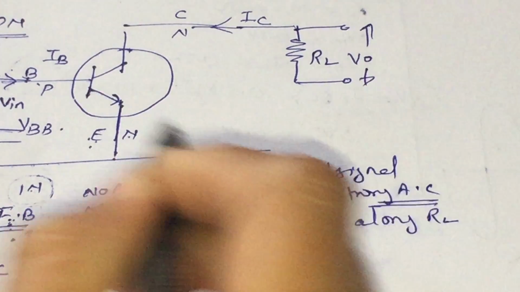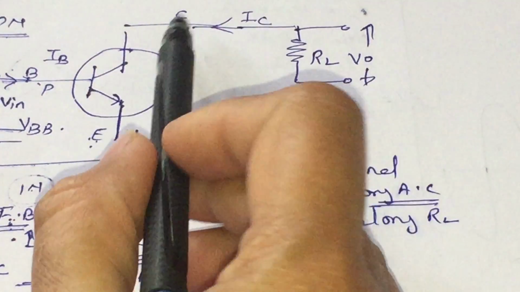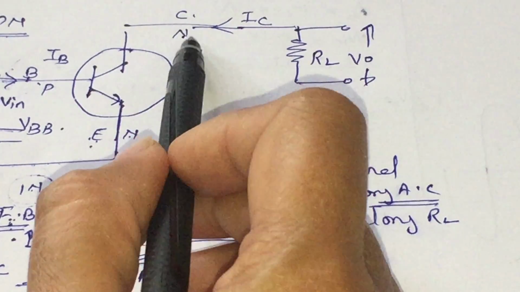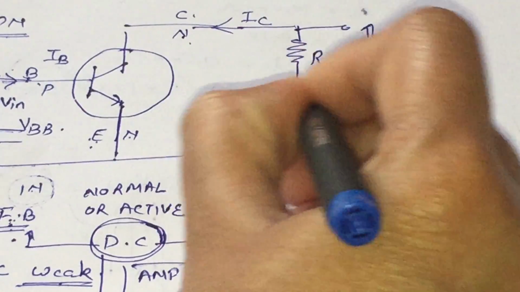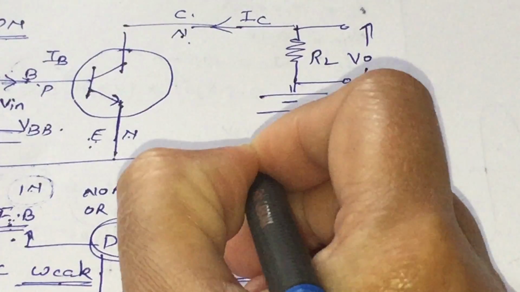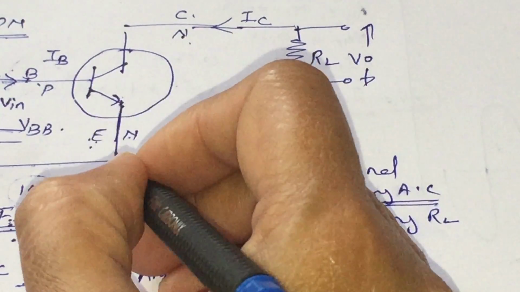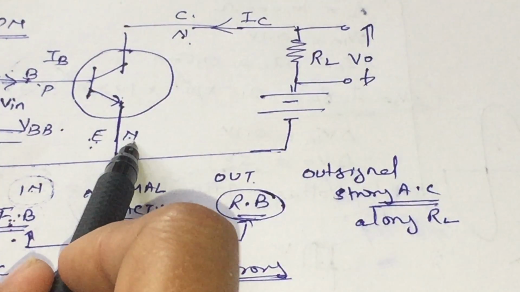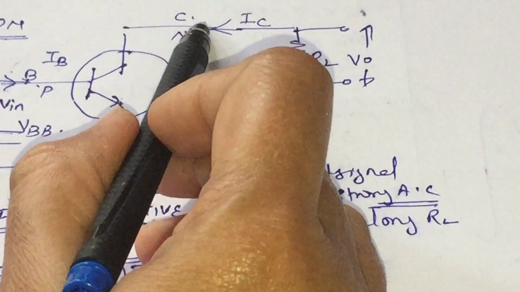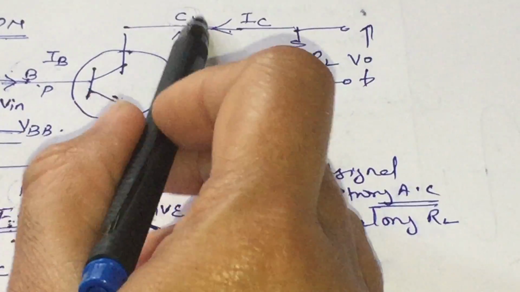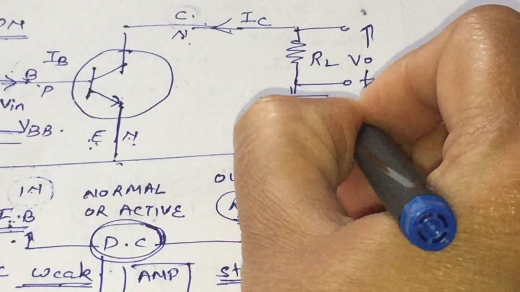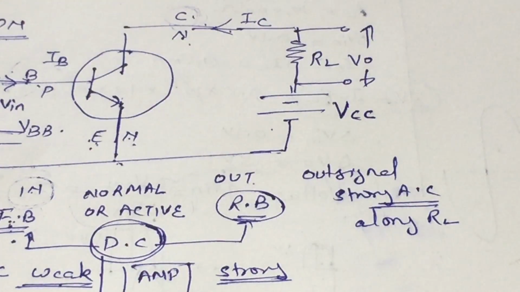To make the output reverse biased, we will connect the N-type collector to the positive terminal of the battery, and the negative terminal of the battery will be connected with the N-type emitter. This battery makes the reverse biasing of the collector region, so we give it the symbol VCC.